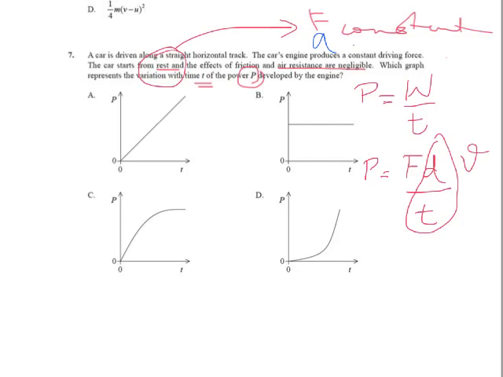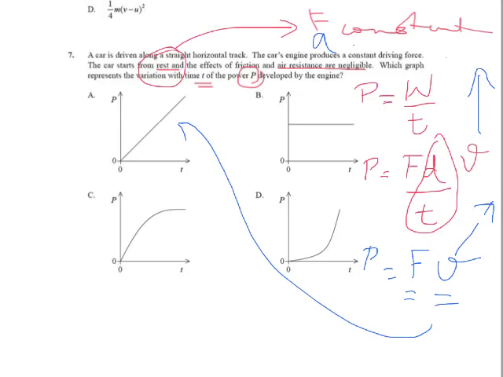So therefore, this velocity will be increasing constantly. So if power equals force times velocity, and this velocity is increasing constantly, and this is staying the same, then we're talking about a linear increase, where power increases as velocity increases.